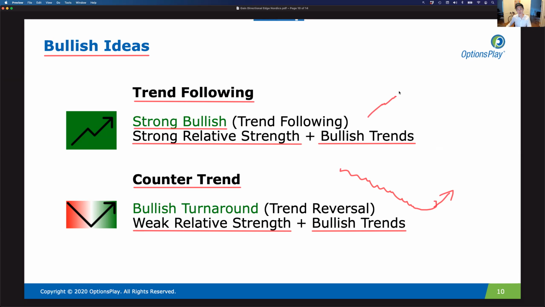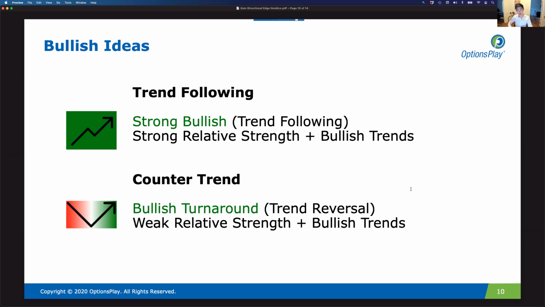So trend following is just looking for stocks that are in a trend and continuing on that trend. And counter trend are stocks that are actually moving lower, but starting to turn back around. Those are the 2 possible types of bullish opportunities that you can identify using trend and relative strength. And I'm going to show you how to actually find these stocks using OptionsPlay.